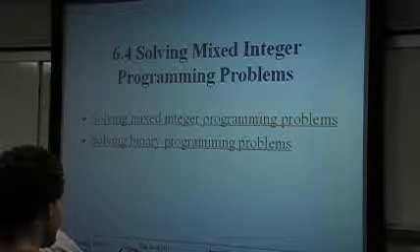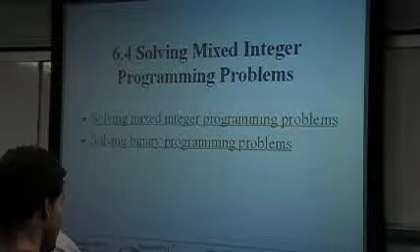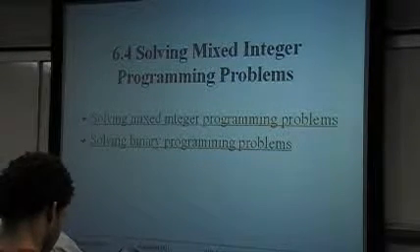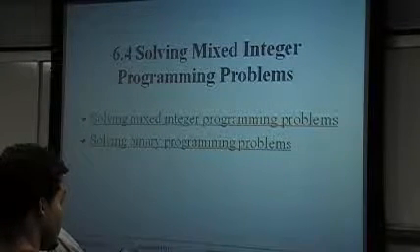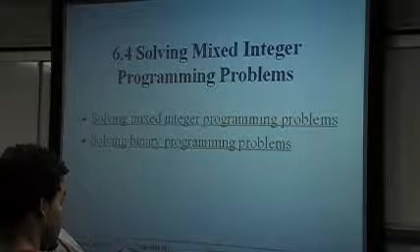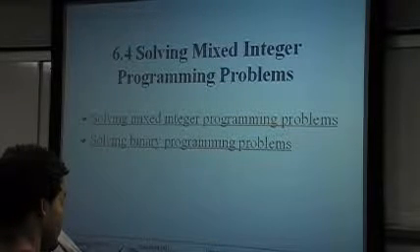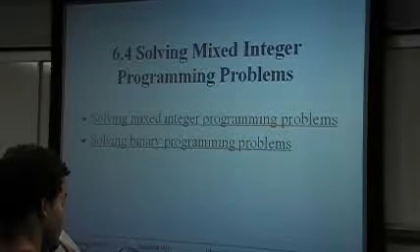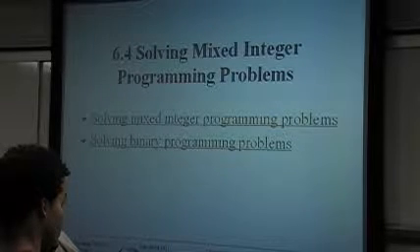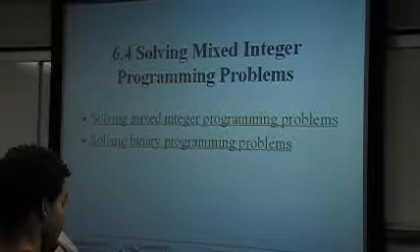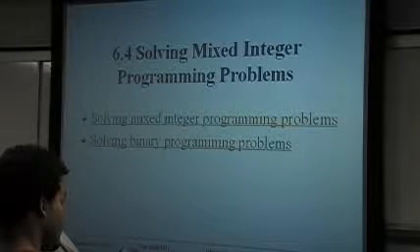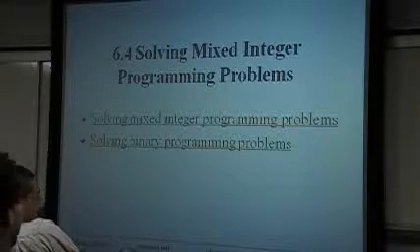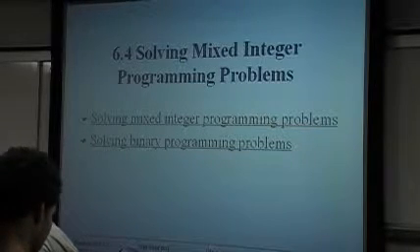And for a special case, if the variables x are required to be 0 or 1 only, we call it binary programming problems. So there are some concepts I have to present first: integer programming problems, mixed integer problems, and binary problems.